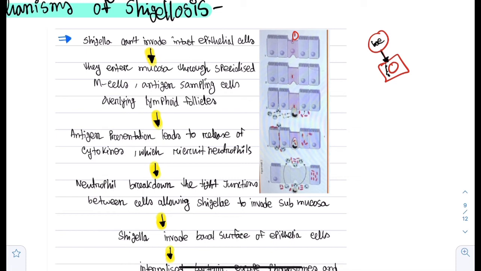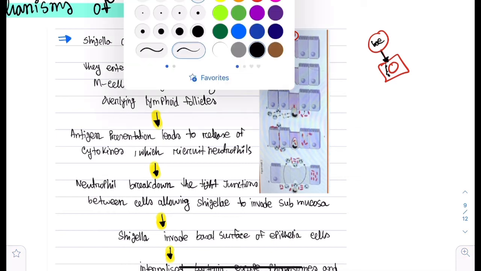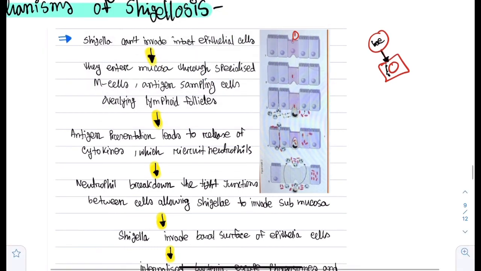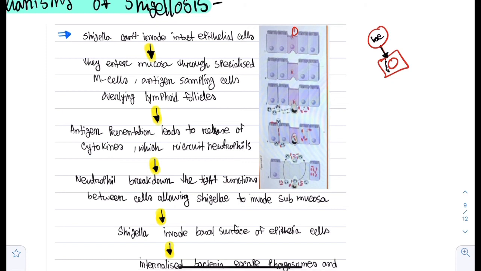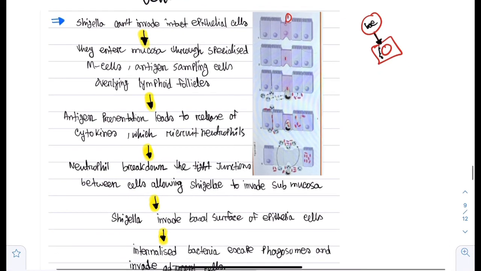But in case of shigellosis, they don't have it, so they need some sort of way to go into the cell and release the toxin. So they will go to the mucosa through the specialized M cells here, because we know that in the gastrointestinal tract we have M cells.